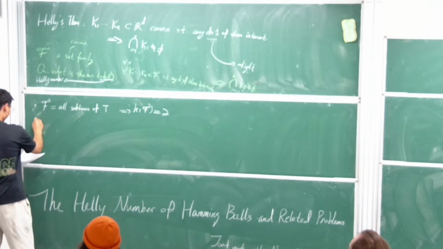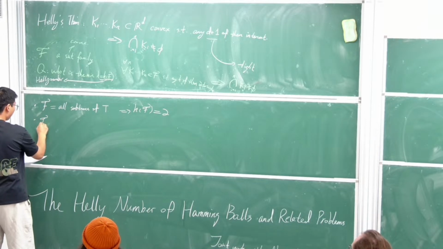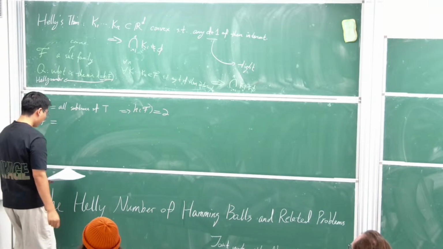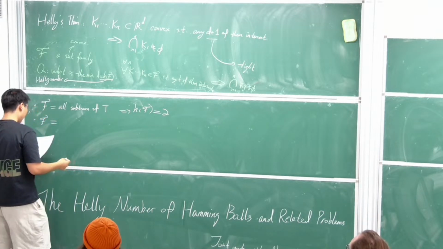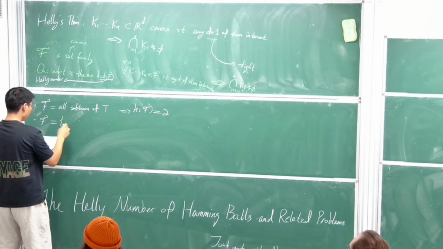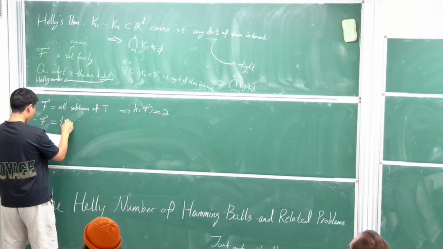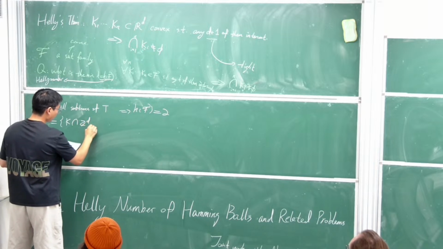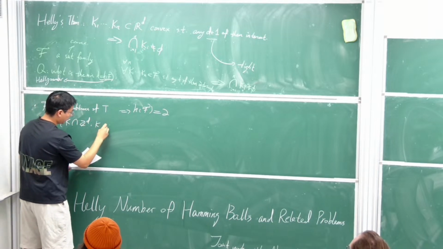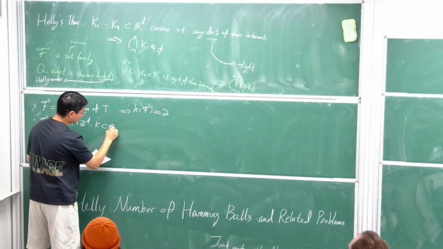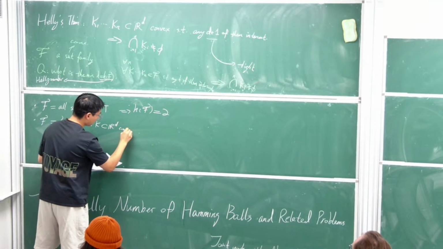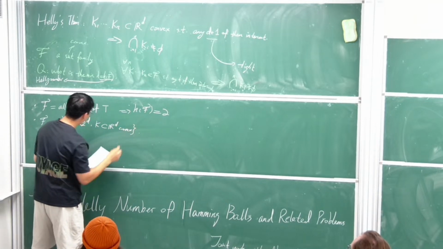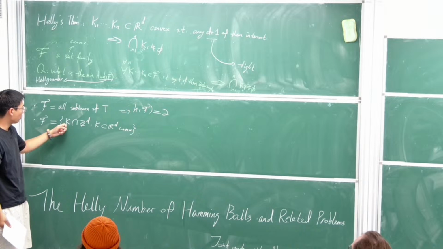And the second example is this famous convex lattice set. So you take F to be all these things. K is any convex set in R to the power D, and then you take the intersection, take all the integral points.